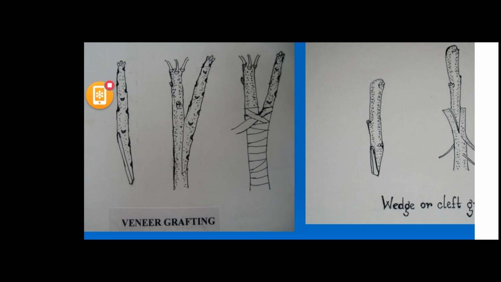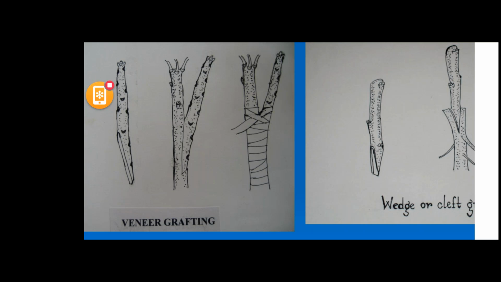Only the cambium layer joint is important. Where the cambium layer is present, between bark and wood, some liquid material is available.